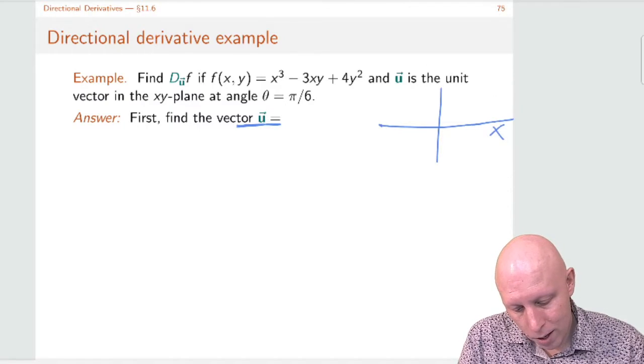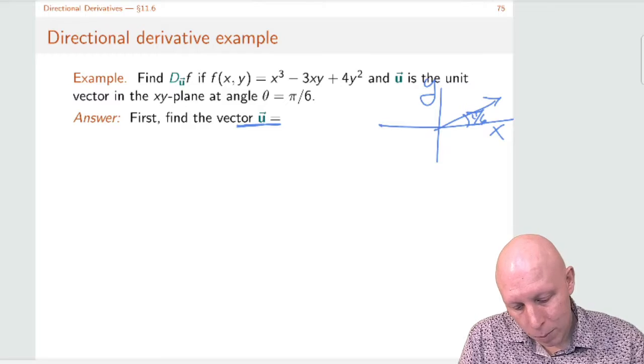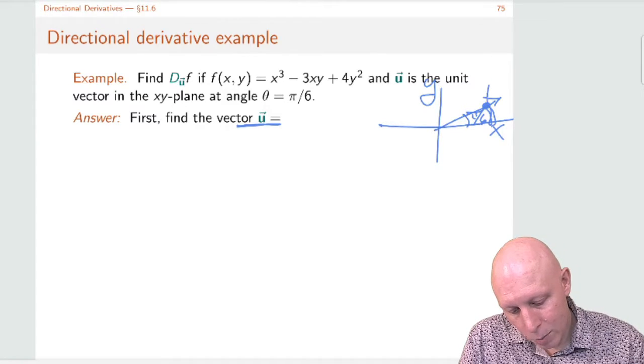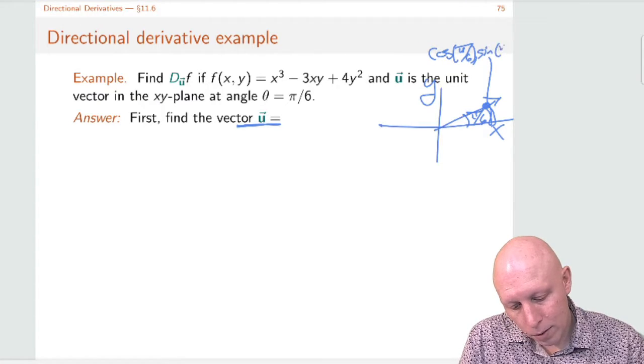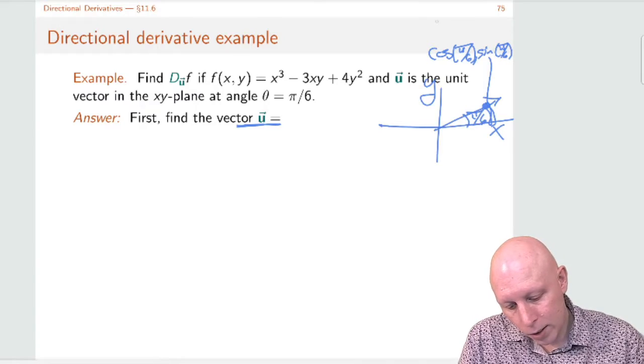We have x and y, and our angle here is pi over 6. Because that's our angle, then we know that this point right here is cosine of pi over 6, comma sine of pi over 6, which is root 3 over 2, comma 1/2.